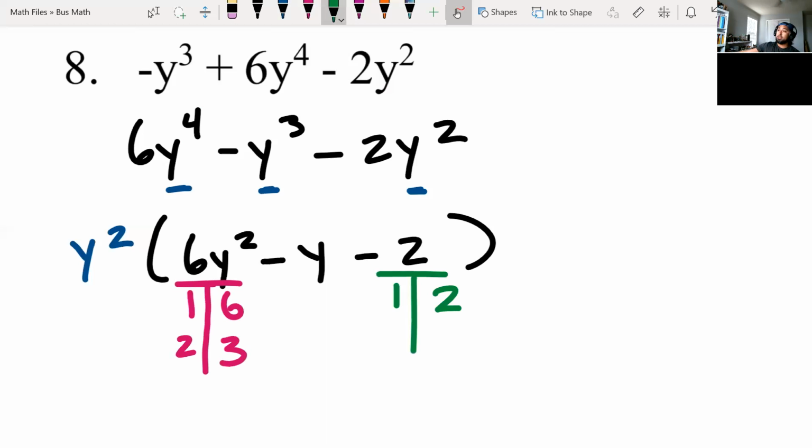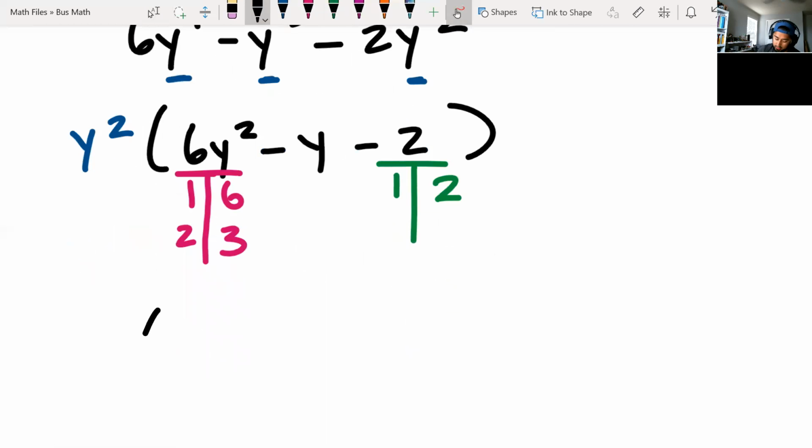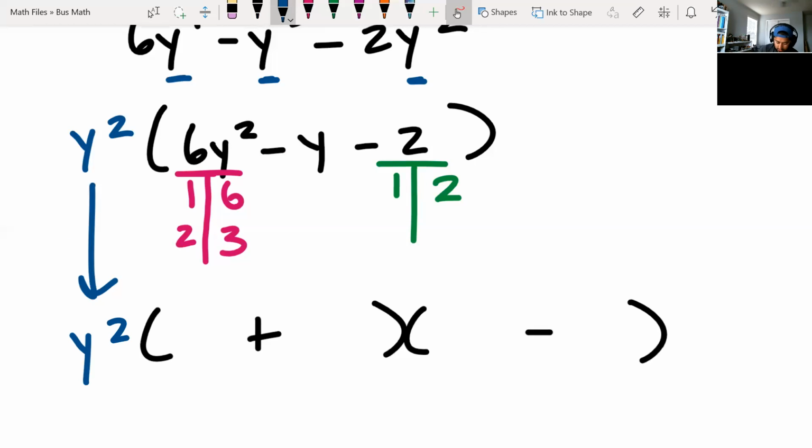Okay, and you list the factors of 6. You list the factors of 2. Here you have minus minus, which means that's going to factor to something plus a number, something minus a number. And don't forget about the y squared. Now, who do you want to go with? 1 and 6 or 2 and 3? 1 and 6.